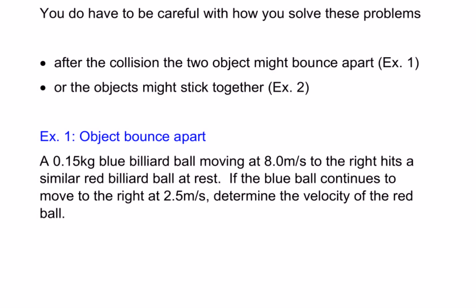If we set this up, I'll even do it in color so we can keep track of this a little bit better. We're going to have the mass of A times the velocity of A plus the mass of B and velocity of B before, and that'll equal our mass and velocity after. Let's write those in.